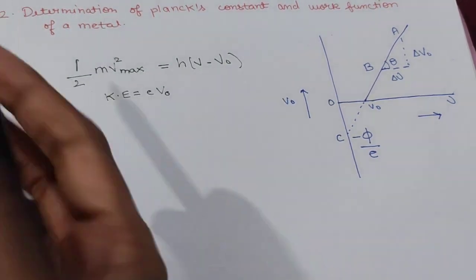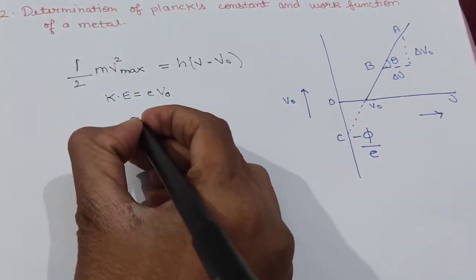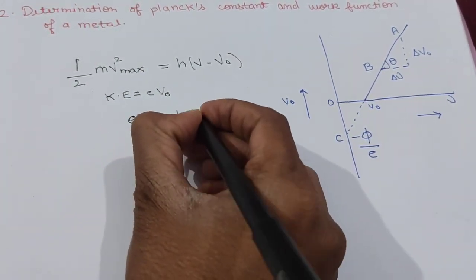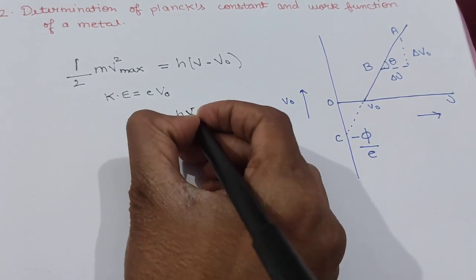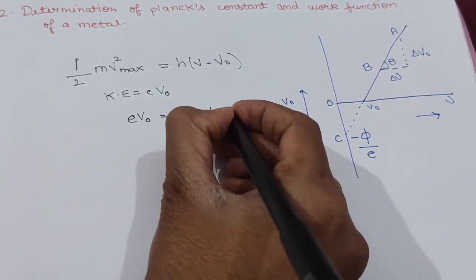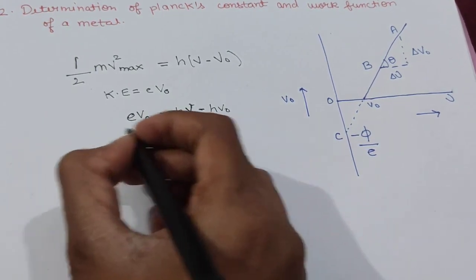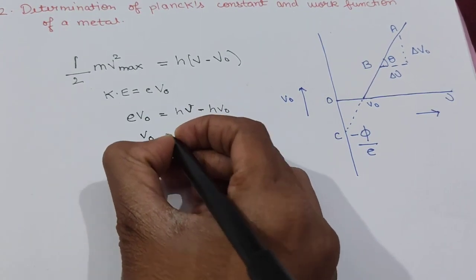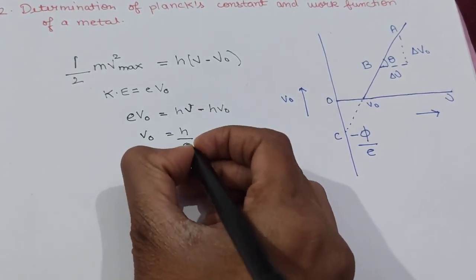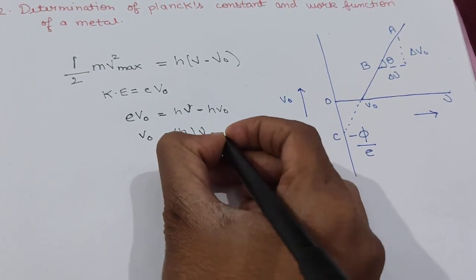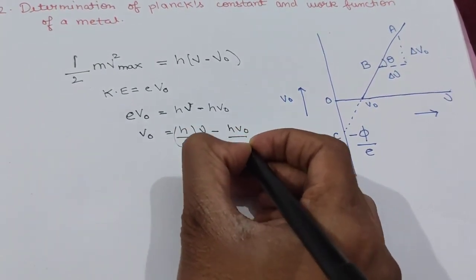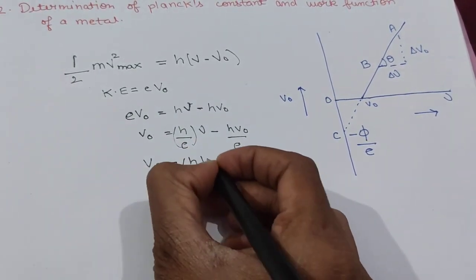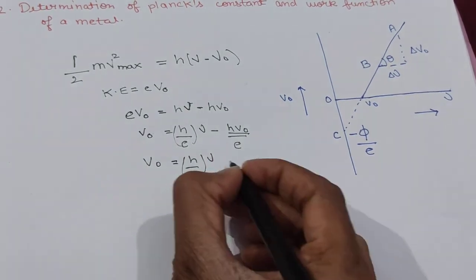So from this we can equate eV and hν, where ν is the frequency, then divide each side by the electron charge e, so we'll get V = (h/e)ν minus hν₀/e. So we can also say that this is called the work function.